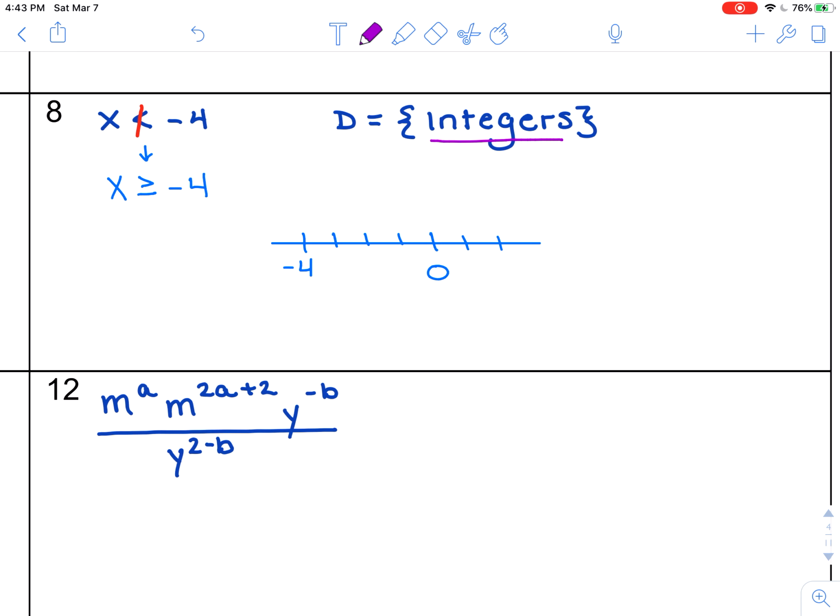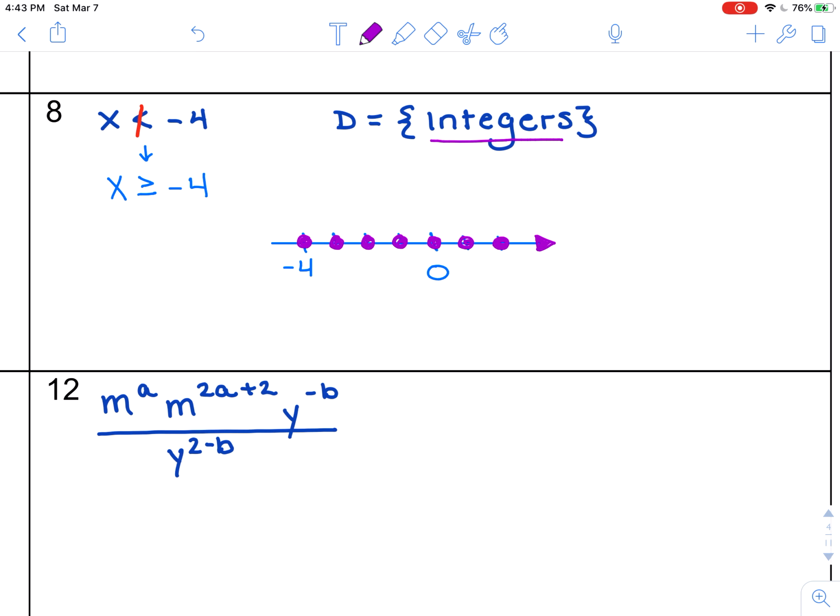And it is a greater than or equal to, so that does include -4. So I'm going to put dots at -4 and then on up to the positive world. When I get to the end of the number line that I drew, I make an arrow and I shade in that arrow, which indicates that this is going to continue on forever. So that's the solution for number 8.